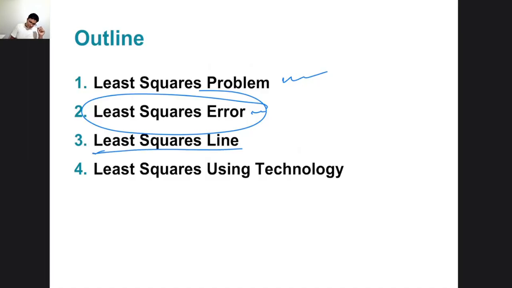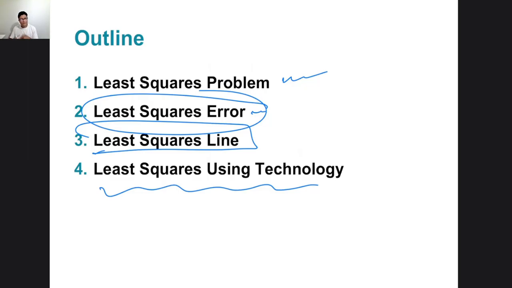Then, of course, we'll talk about the line, and we will also talk about, we will not be doing it, but I will talk about using technology to get that. In fact, your calculator, the Texas Instruments calculator, you have to watch some YouTube videos to learn that. It gives you the least squares line if you plot the data points.